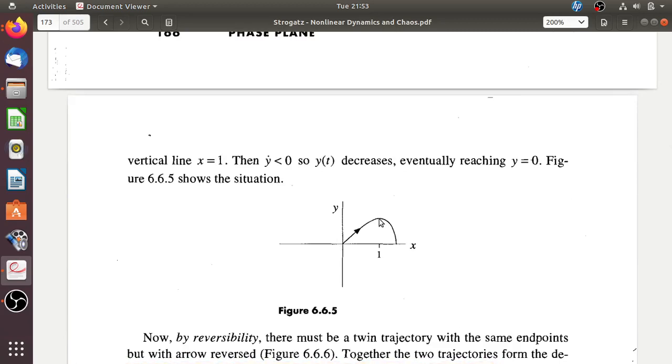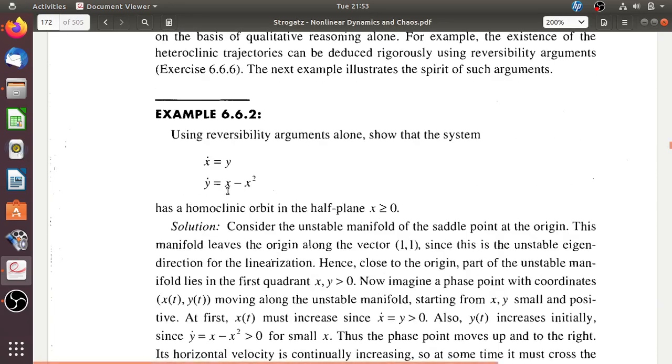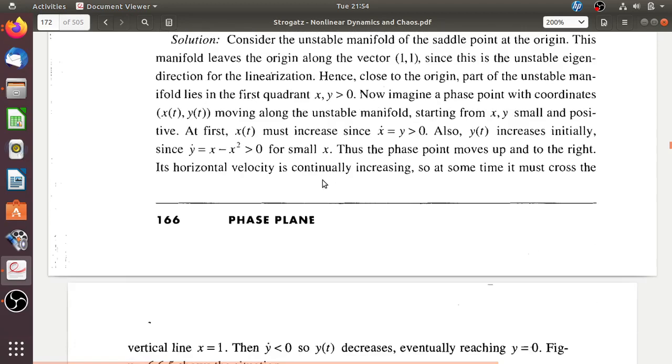But x has increased to more than 1, right? Because there is a change in x, now this term will start dominating compared to this term, and this will start decreasing the y value.